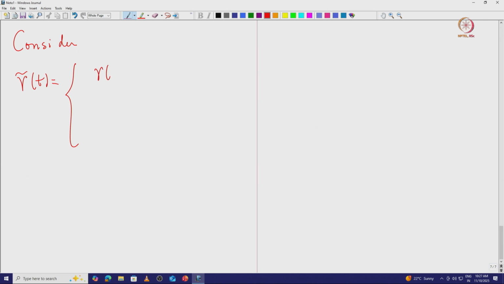So let this be gamma of t from 0 to capital T, and then for a time interval epsilon prime after that you want it to be sigma, but you have to sort of linearly adjust the time. So let it be sigma of t minus capital T for t between capital T and capital T plus epsilon prime. Okay.